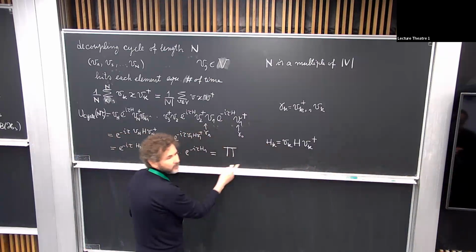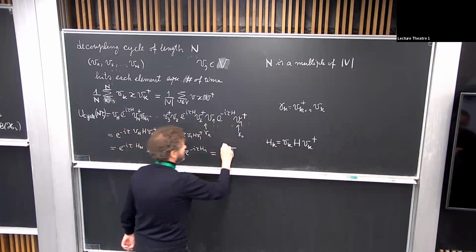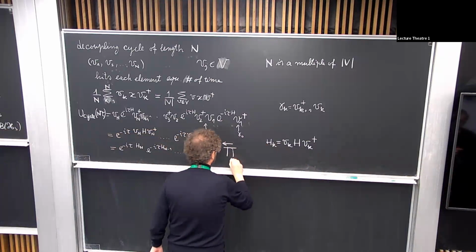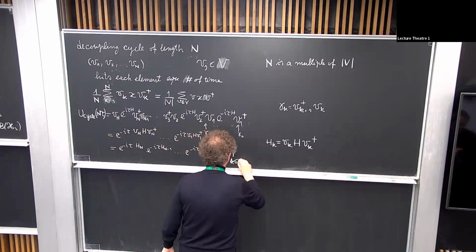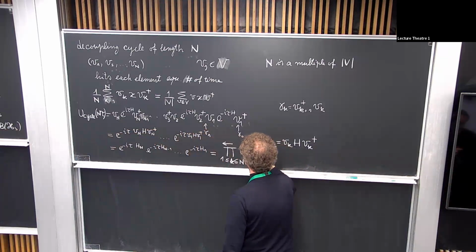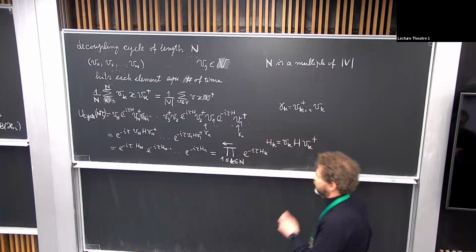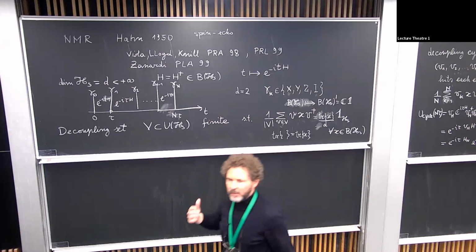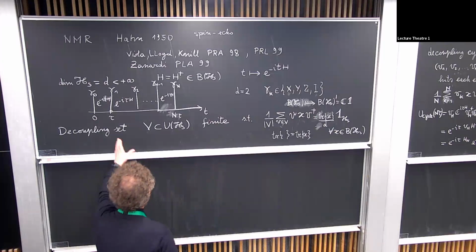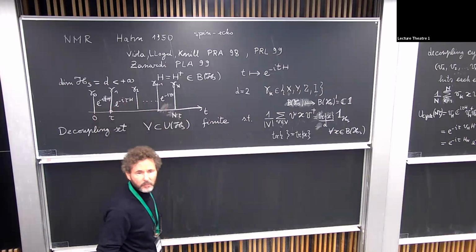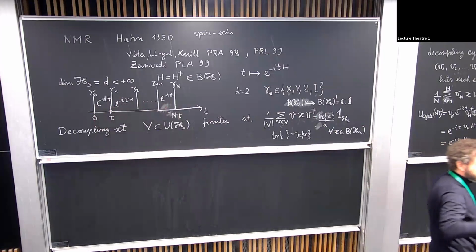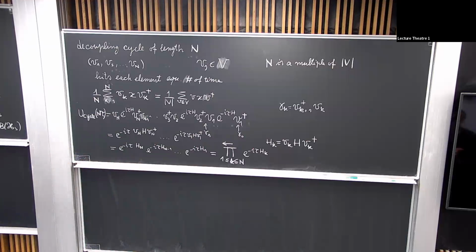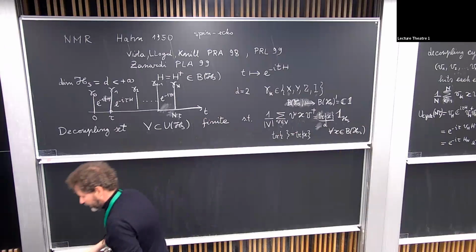So let me introduce this notation. It is an ordered product, with order from right to left. K goes from 1 to capital N, and I get e to the minus i tau H_k. Now you see that this is a different picture. Here we have free evolution interspersed by unitary kicks. But you can look at this in the following way.